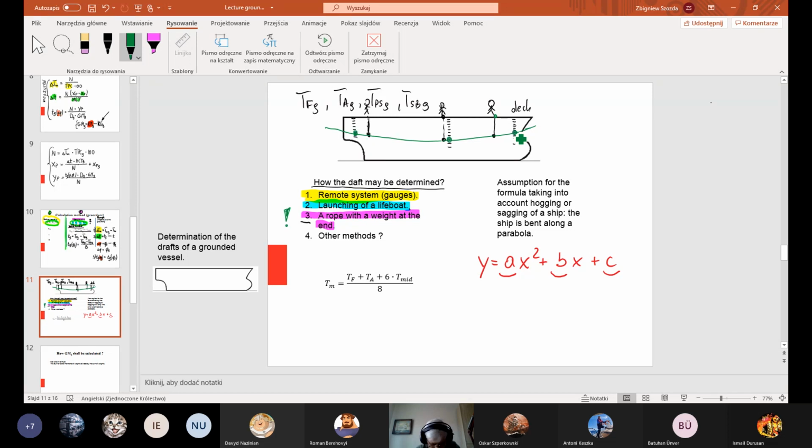Okay, so in my opinion this is the most frequent method and maybe safe. Maybe there are other methods you can use to measure draft, but I cannot at the moment name such methods. Okay.